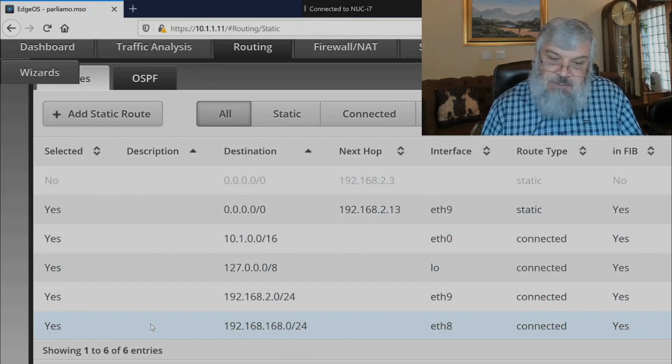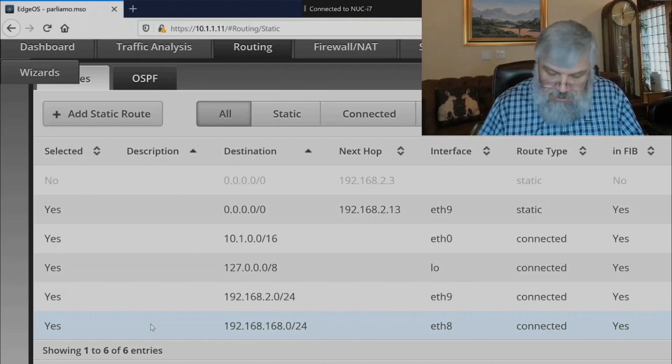You can see that I'm talking about a network in part by the fact that the very last field, the very last byte in that address is a 0. So I'm talking about a network, and what this router says is if any packet arrives, that it should just be delivered via the Ethernet 8 interface.